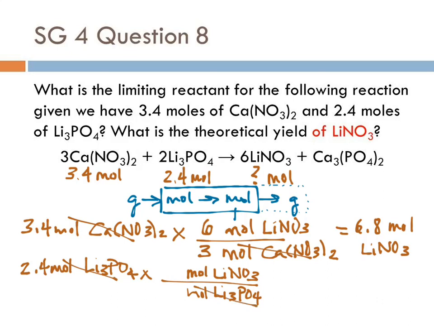So the units work out. In front of lithium nitrate in the equation is a 6, and in front of lithium phosphate is a 2. What was that, 7.2? I'm doing that in my head, which is very dangerous.